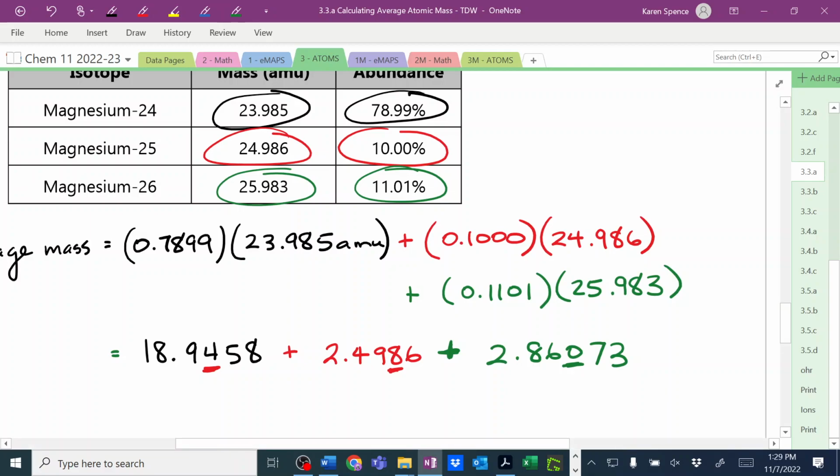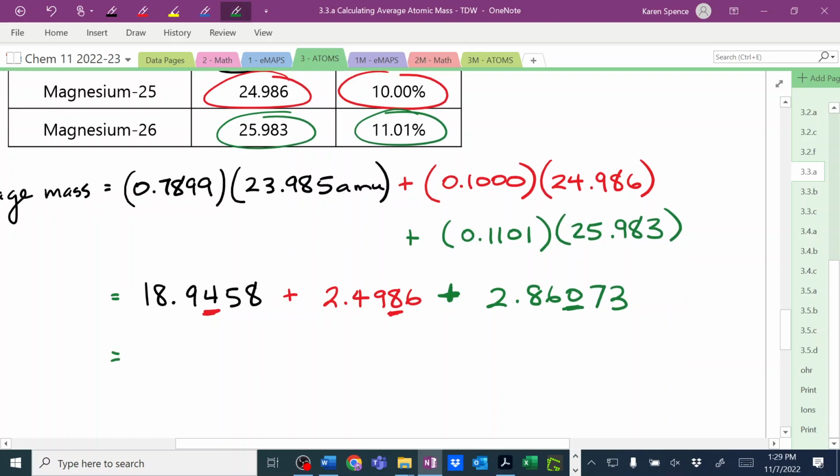When we add all 3 of those together, we get 24.30512. And of course, these are all AMU, which I forgot everywhere again.